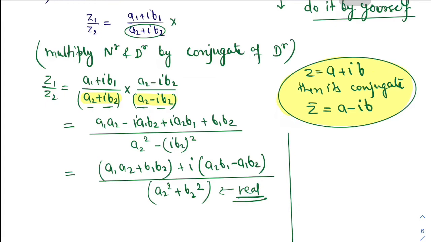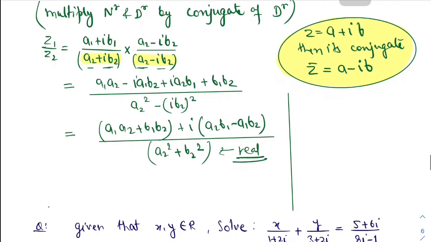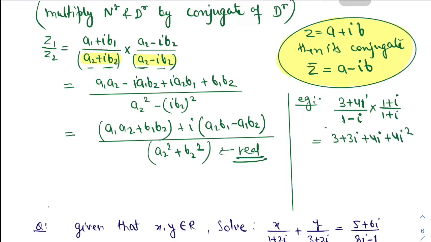Let us understand it more by an example. 3 plus 4 iota upon 1 minus iota. I have to divide 3 plus 4 iota by 1 minus iota, so I will multiply numerator and denominator with 1 plus iota. What do I get? 3 plus 3 iota plus 4 iota plus 4 iota square upon denominator 1 plus iota into 1 minus iota.